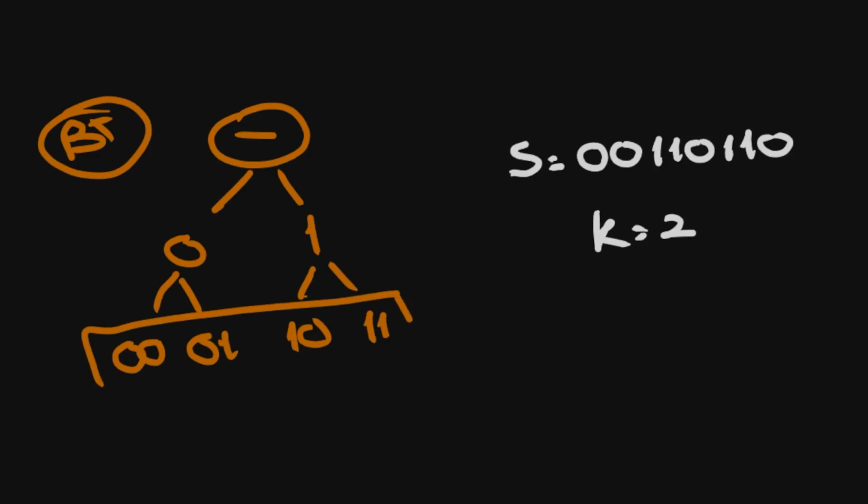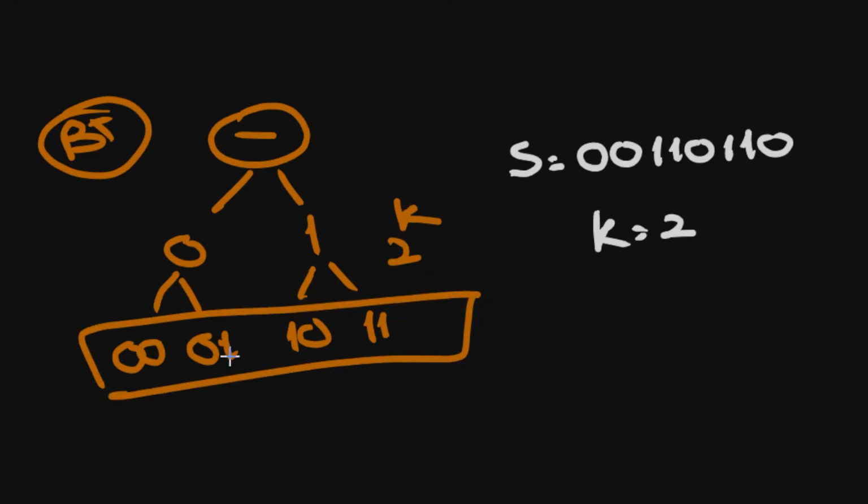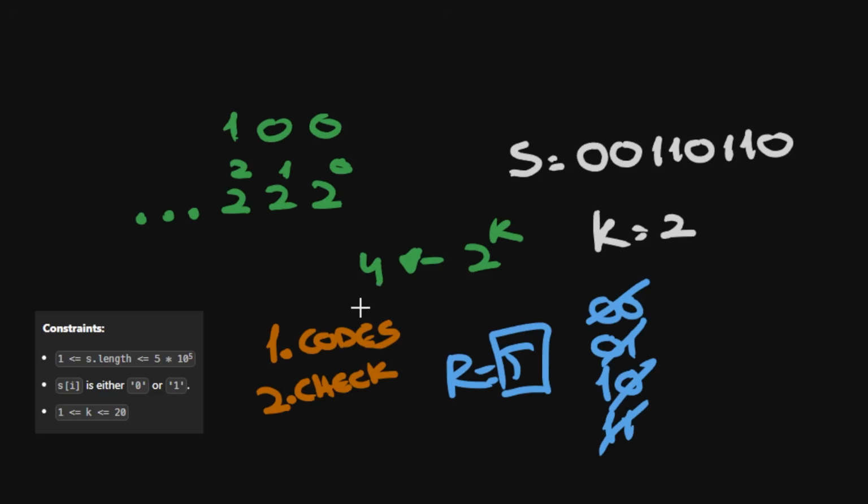Here are the four binary codes, and this tree has a height that's given by k. Here k is 2, so the height is 2. So we have basically 2 choices per level, which means that we have 2 to the power of k different binary codes. Okay? So we know that we are looking for 4 binary codes within this string.